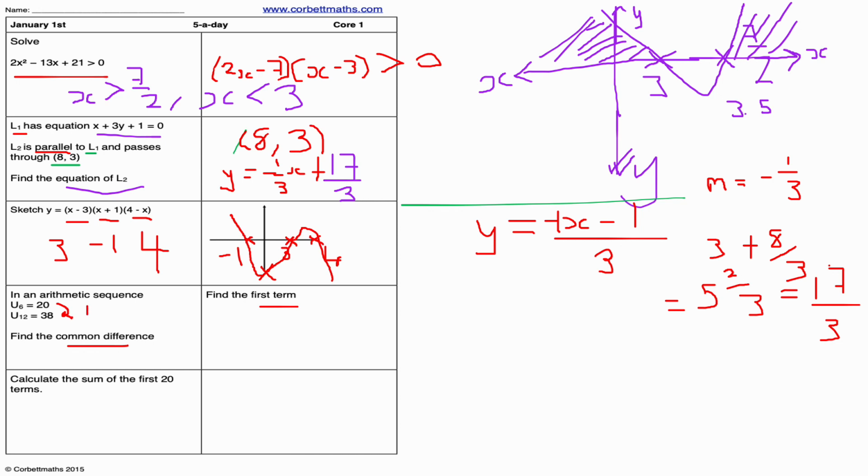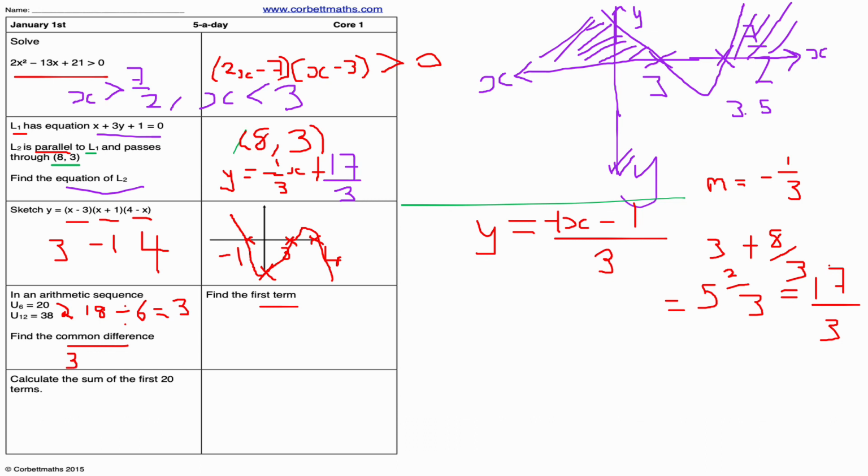So if I do 18 divided by 6, that will tell me my common difference. 18 divided by 6 is equal to 3, because it's going 6 jumps from 6 to 12. 6 jumps represents 18, so each jump represents an increase of 3. So the common difference is 3, guys.